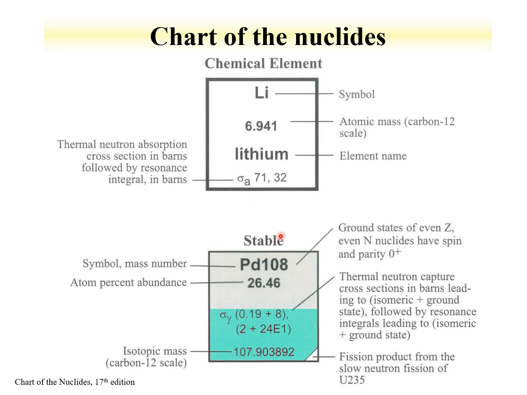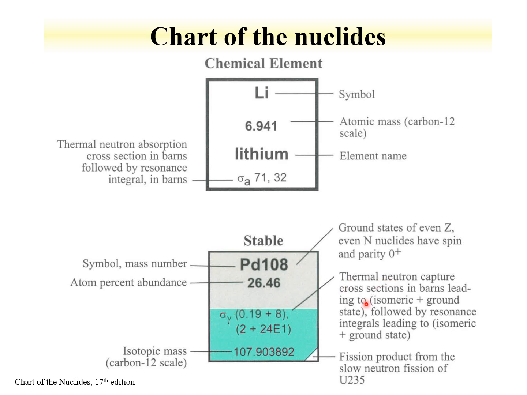For a stable isotope, which is listed in gray, stable or very long-lived isotopes are in gray, you get the symbol, the mass, the atomic percent abundance, and the ground state spin and parity. For even Z, even N, the ground state spin and parity, as we stated earlier, is 0 plus.